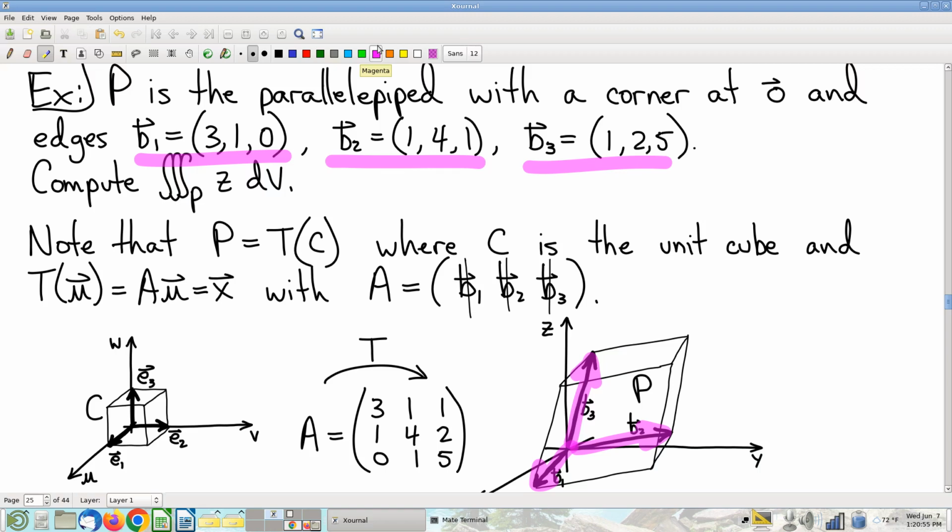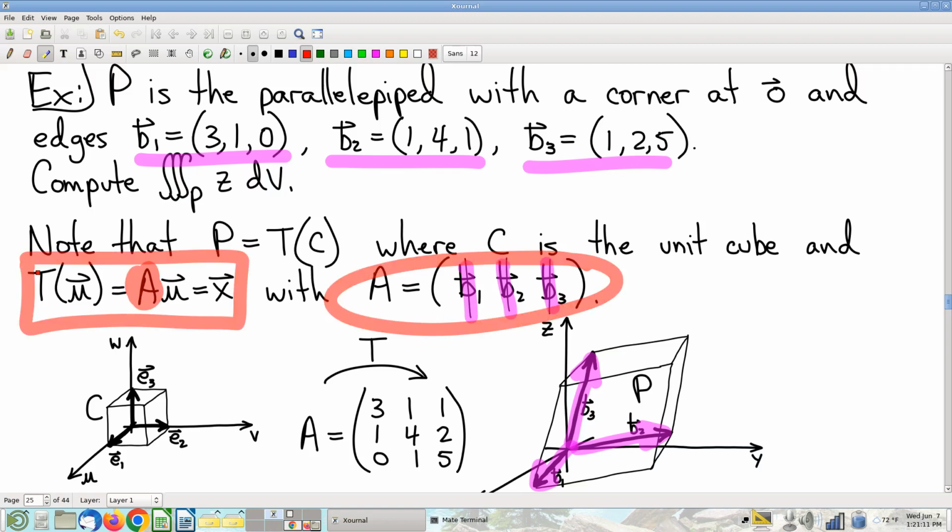These 3 vectors that define the parallelepiped, make those the columns of a matrix. Let that matrix define your change of variables function. That's the trick. That's the move.